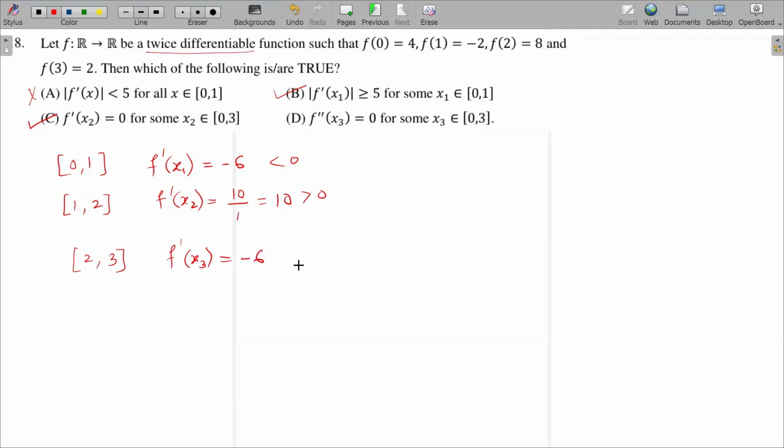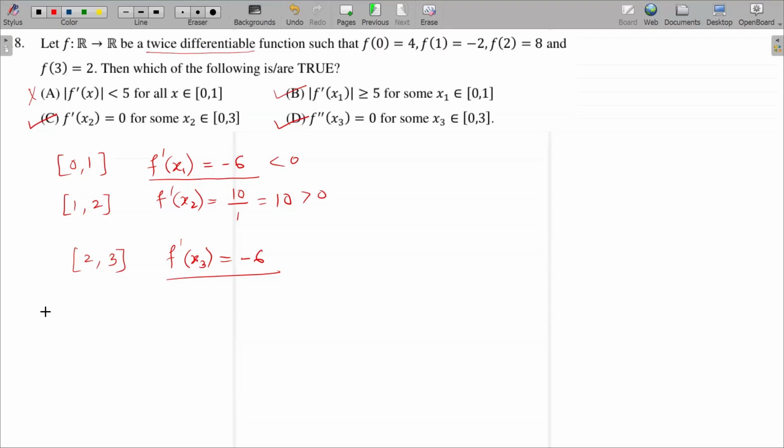So minus 6 by 1, that is minus 6. Now you apply to this and this: f dash x1 equal to f dash x3. So this must be true, that f double dash will vanish by Rolle's theorem. Correct.